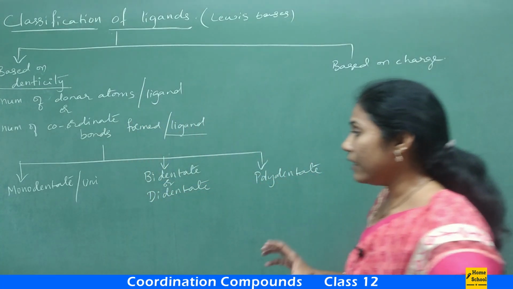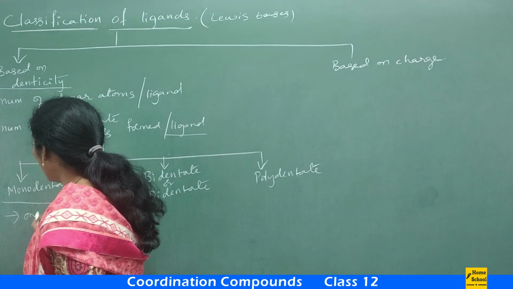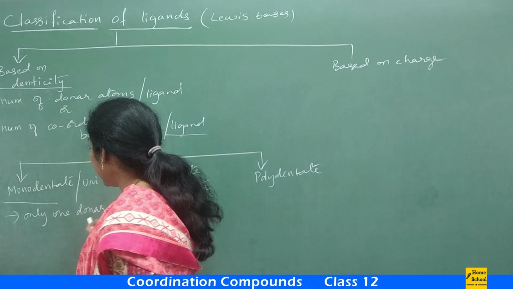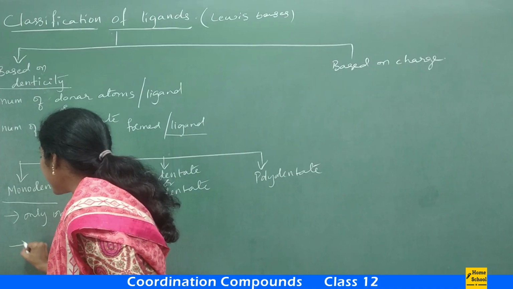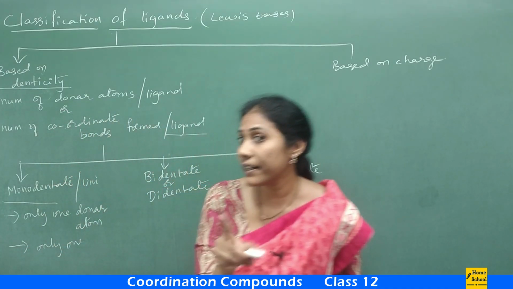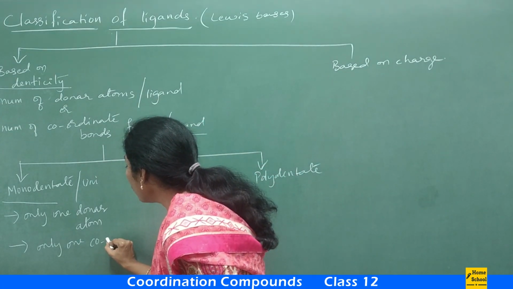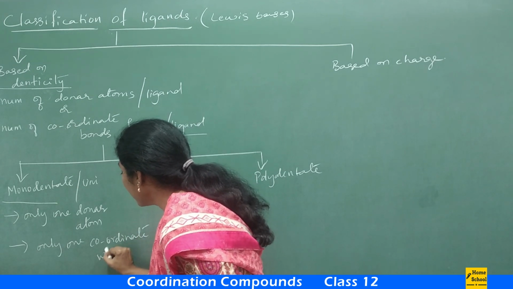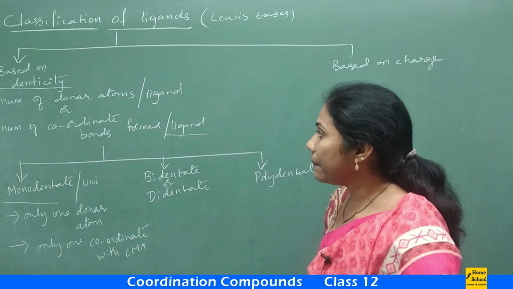As the names tell you, monodentate ligands are the ligands which have only one donor atom. One donor atom in the sense that they can form only one coordinate bond with the central metal atom, CMA, meaning central metal atom.